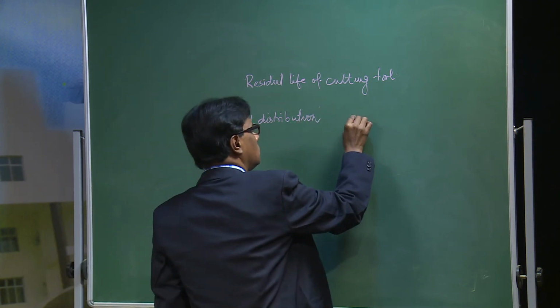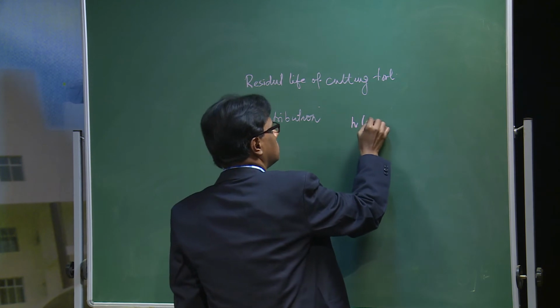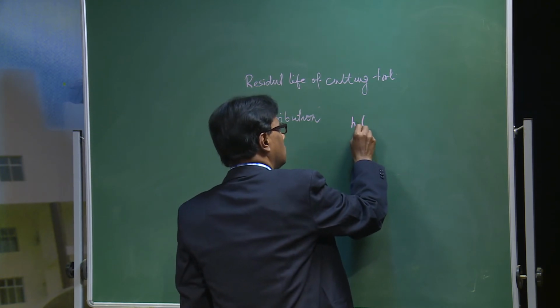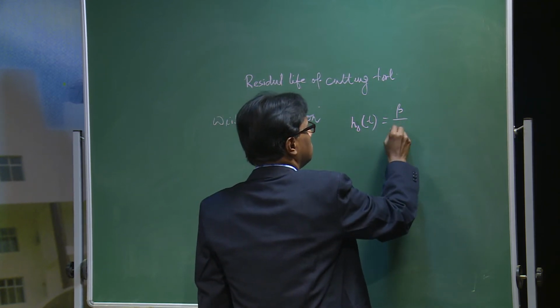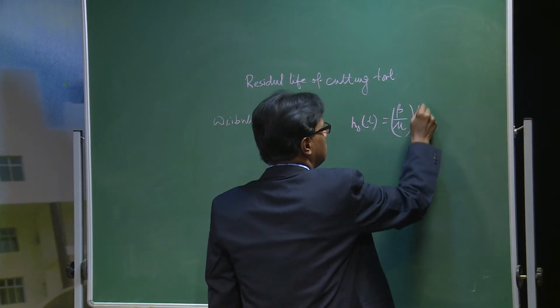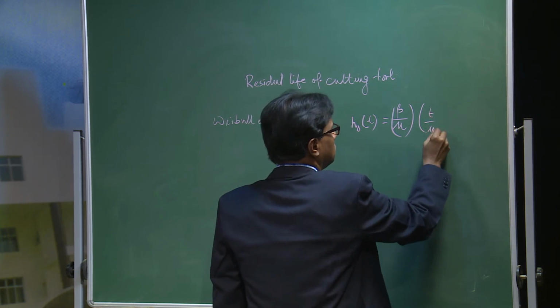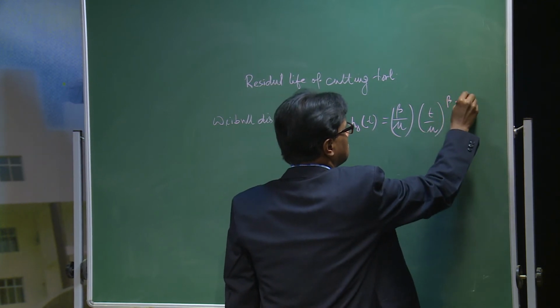The Weibull distribution is f(t) equal to beta over mu, t minus mu to the power beta minus 1.